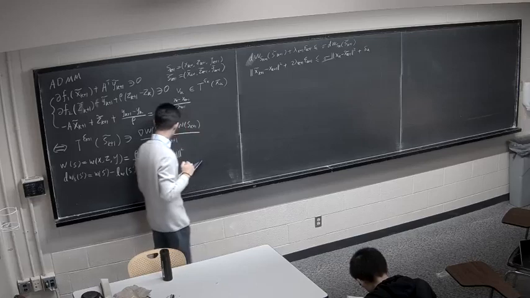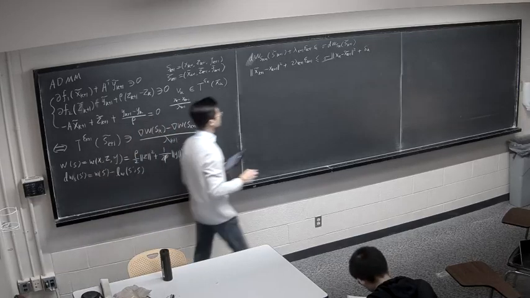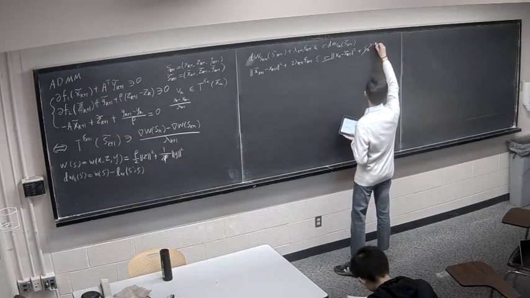Because we are now interested in the smooth case, we just set this delta_k to be 0.